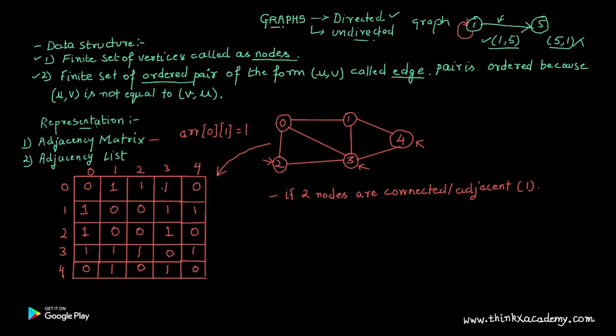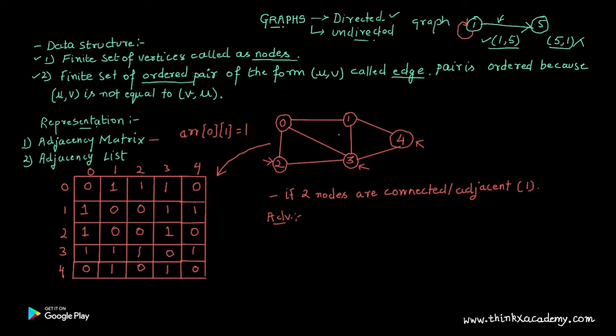So this is how we are going to represent this graph in the form of this matrix. And there are basically advantages and disadvantages in using a matrix. So number one is the advantage. The advantage of using a matrix is that we can easily delete a particular relationship between two nodes.